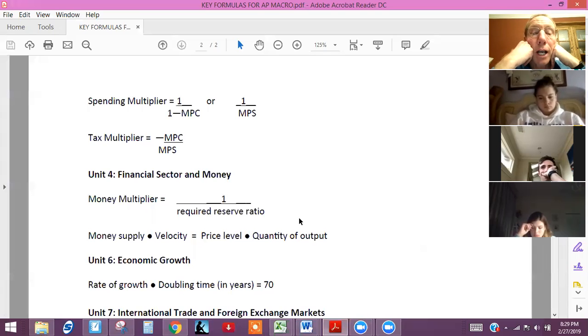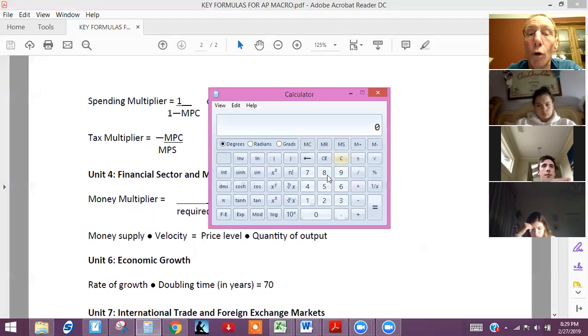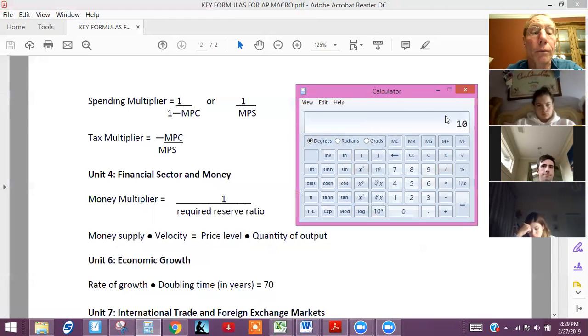So say banks are required to keep 10% of their money in reserve, then it's 1 divided by 0.1, which is 10. So you would multiply whatever amount the Fed increases the money supply by 10. That's how that works.